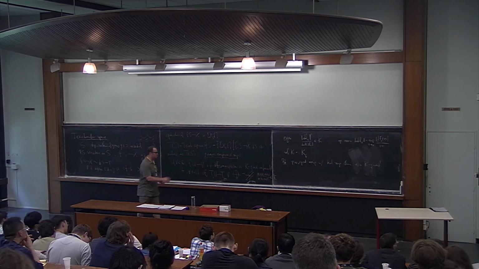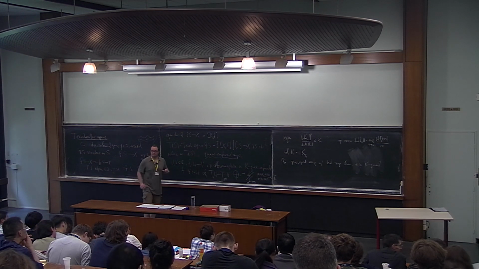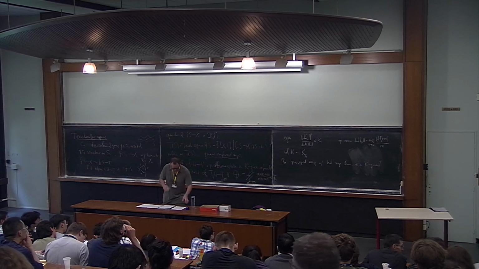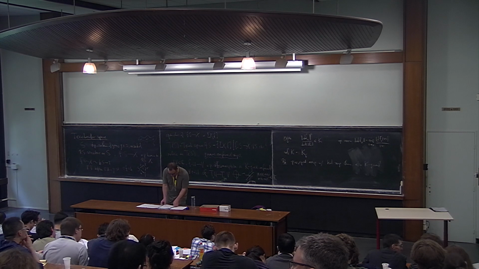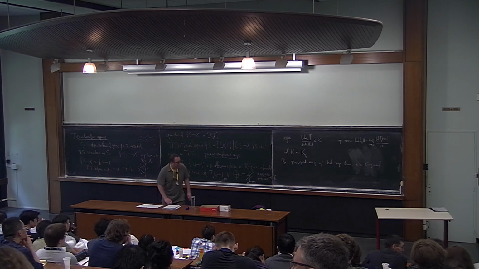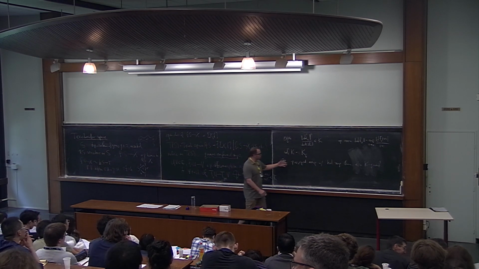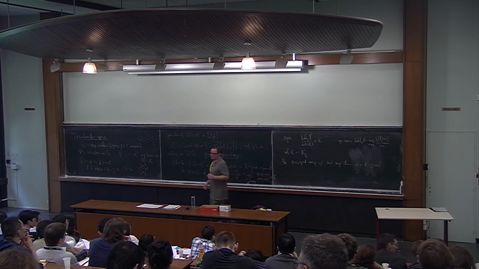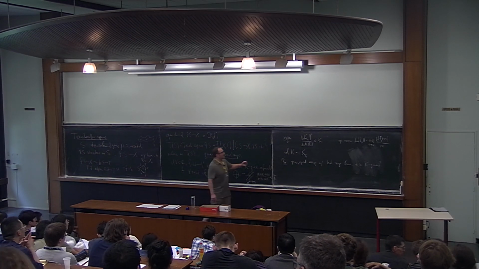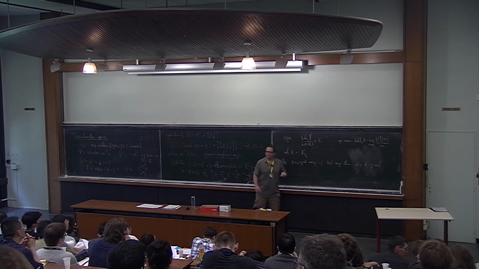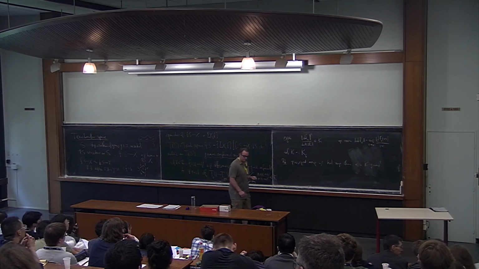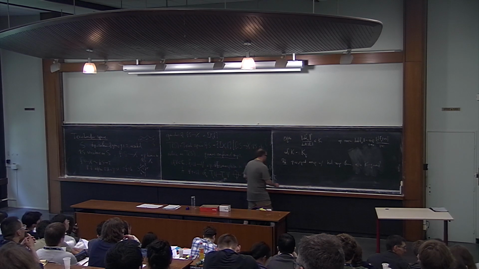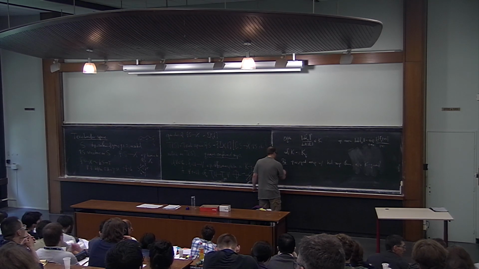Pre and post composing, that's just dilating and rotating, so it's not going to change how much things are stretched. So this is one way that you can measure the distortion of complex structure. It's the optimal K of a quasi-conformal map. Okay? So an alternate picture that's also useful.